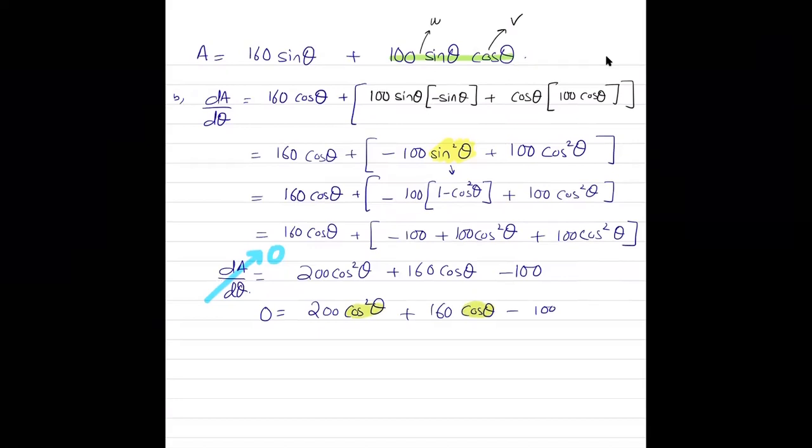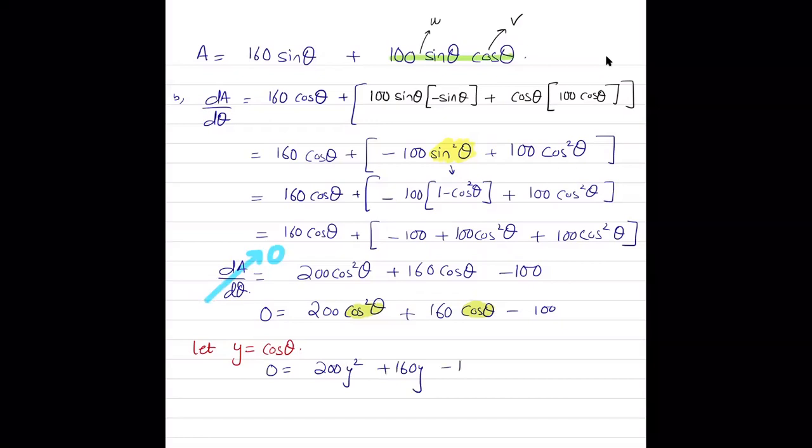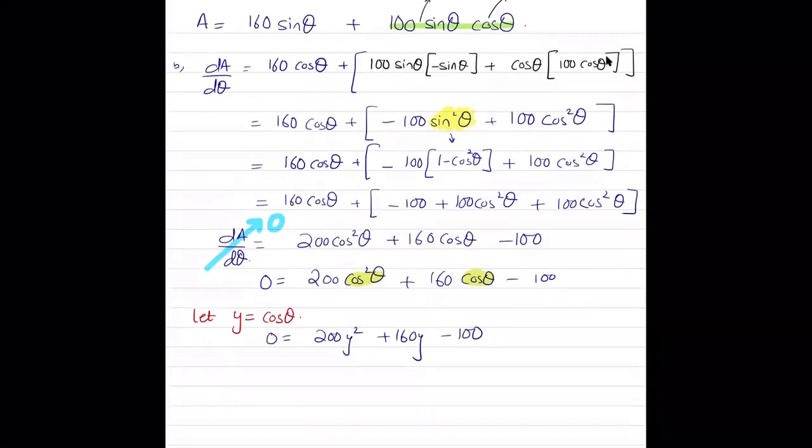So if I let y equal cos theta, then the equation is going to become 0 equals 200 y square plus 160y minus 100. Now you can easily solve this quadratic equation either using factorization or it's better to use a quadratic formula over here. Whenever you have big equations or complex equations, it's always better to use quadratic formula.